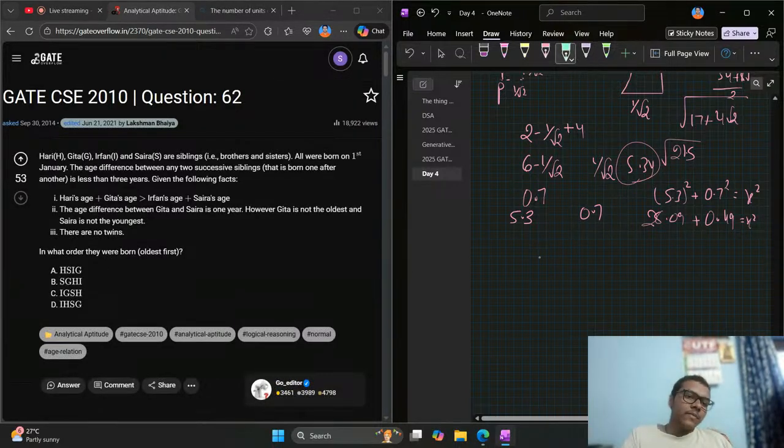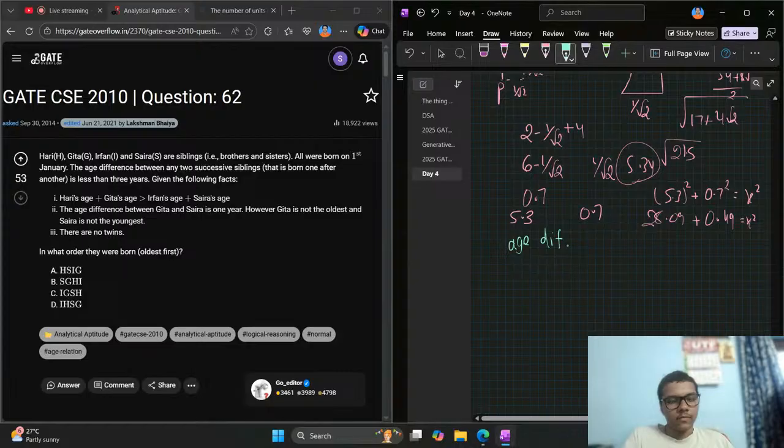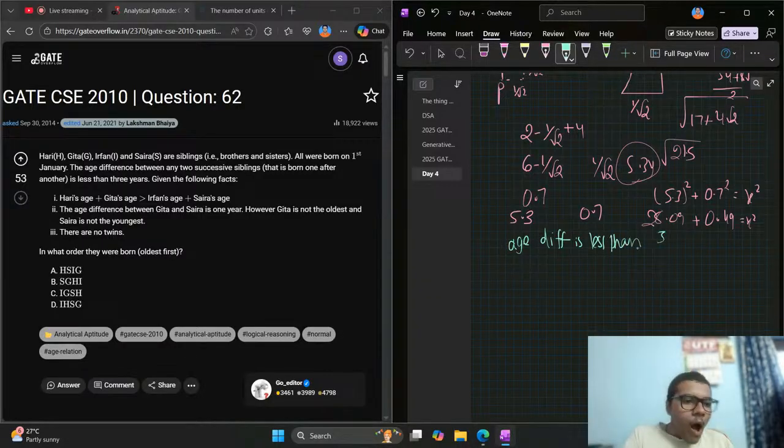Hari, Geeta, Irfan, and Syria are siblings. All were born on 1st of January. The age difference is less than 3 years. Age difference is less than 3. Hari plus Geeta, Irfan plus Syria.